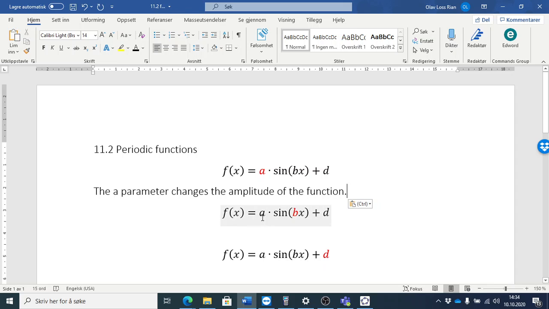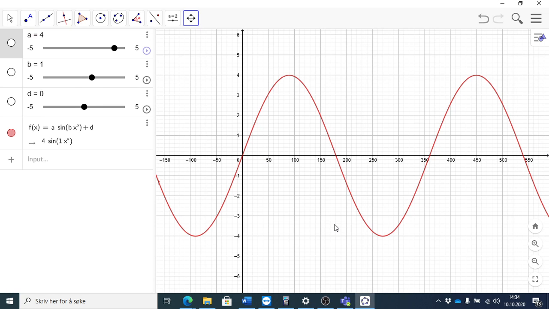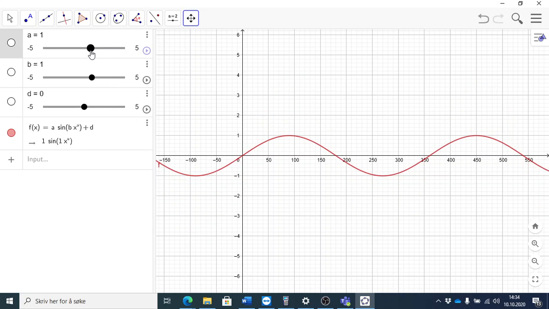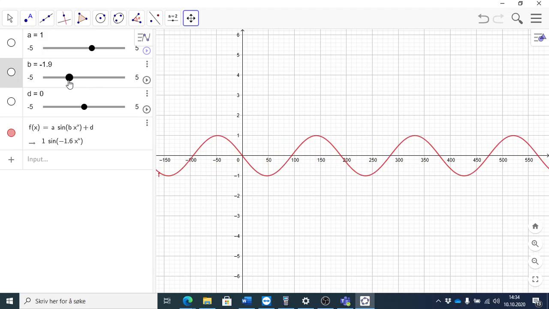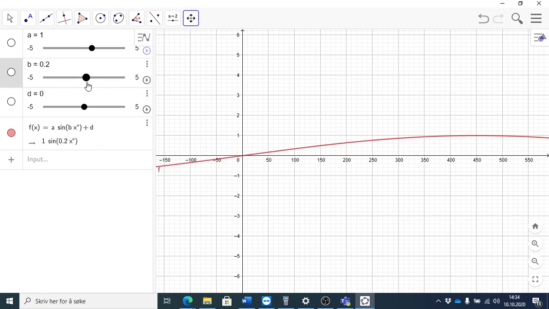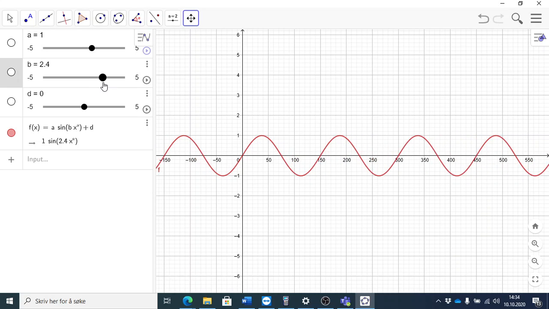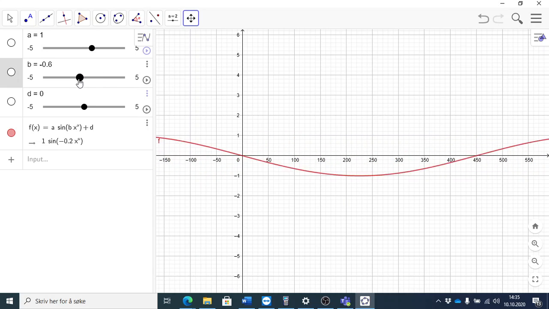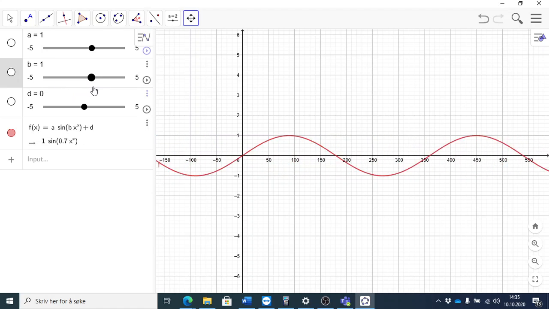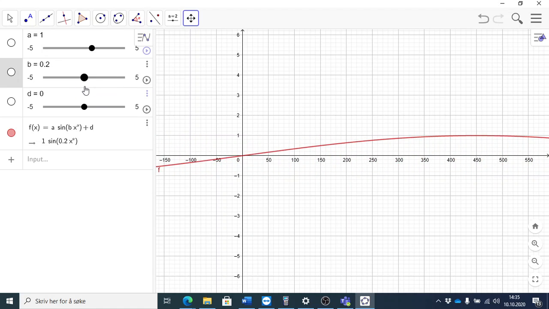So let's see what happens when we change the b parameter. Let's just set this back to 1. I change the b parameter. Something happens to how stretched out the function is. Notice that the x values are the same, but what changes here is the period. So the period changes.